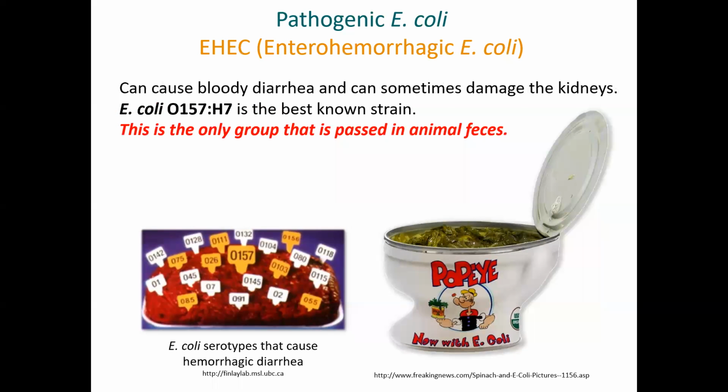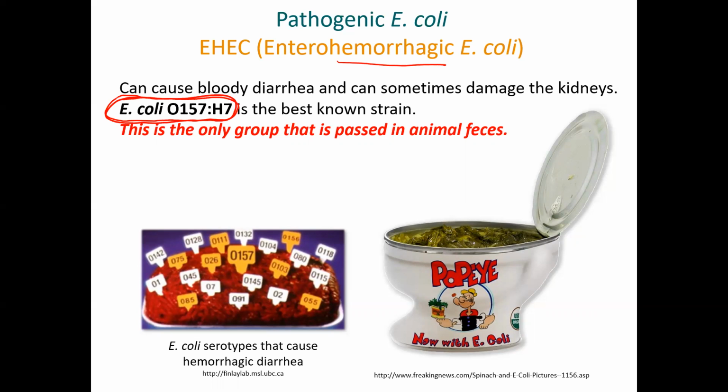Now I do want to talk about EHEC. EHEC is enterohemorrhagic. Hemorrhagic often means bleeding. This is the one I want you to know a little bit about. This is the usual strain here. E. coli O157 is the big strain that we hear about in the news, and this is where we often get recalls.